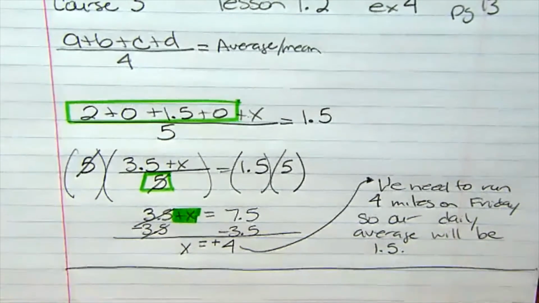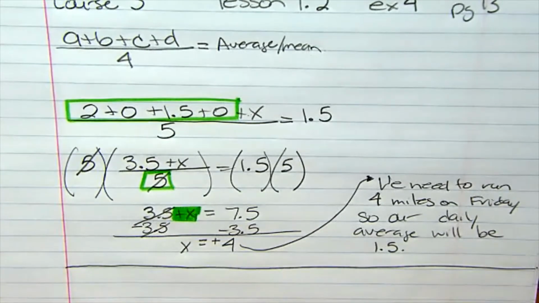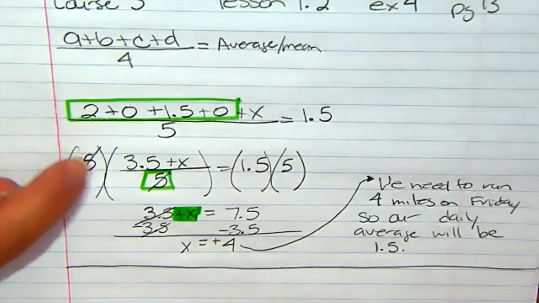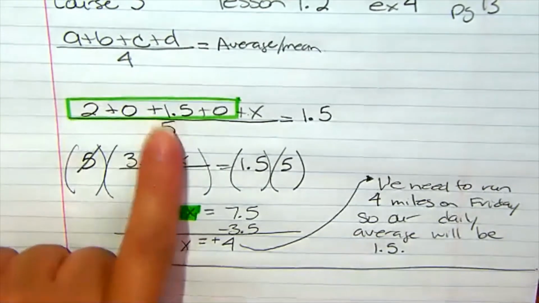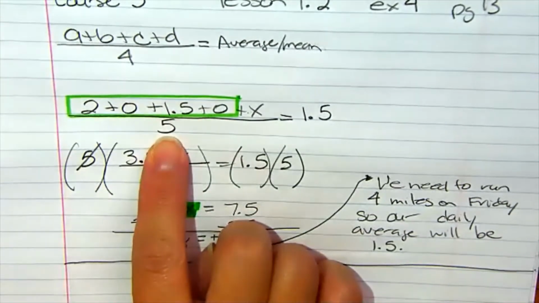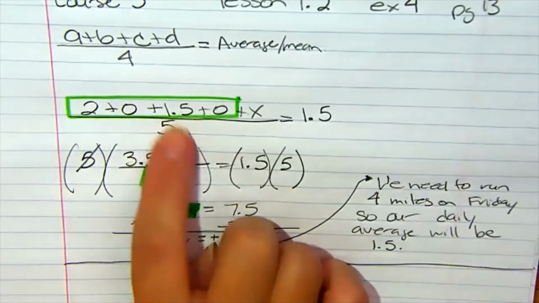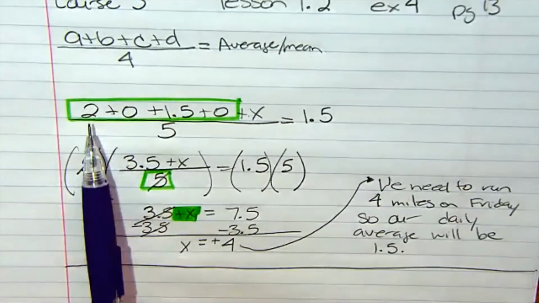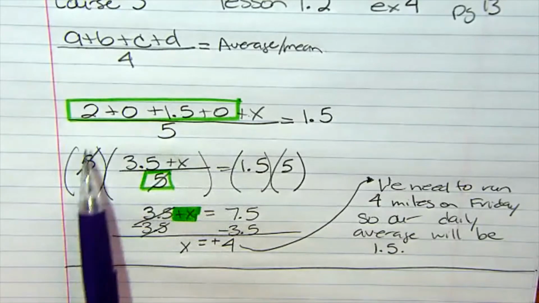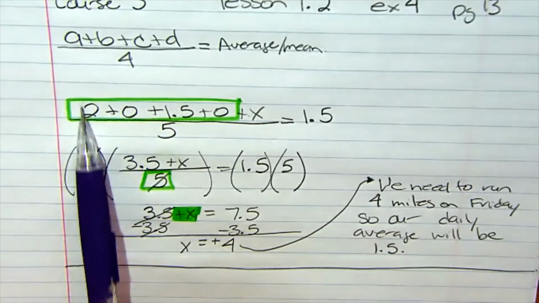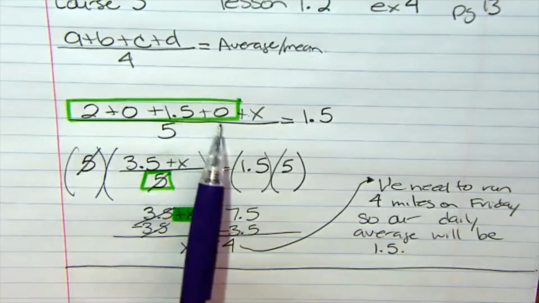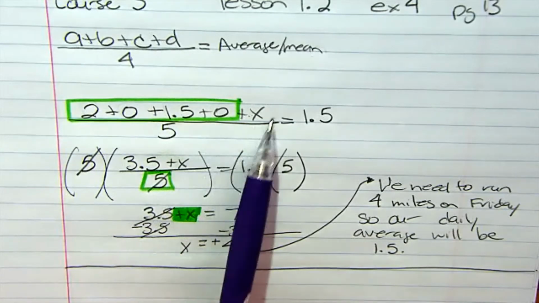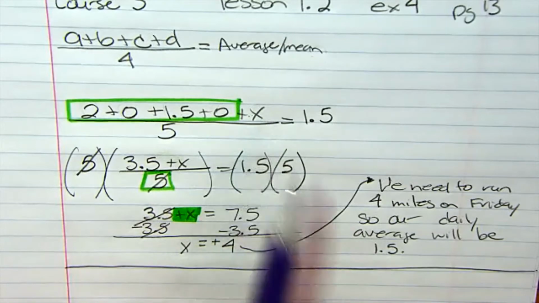Okay. Now I've got some good questions. Where did this 5 come from? This 5 came from the number of numbers I have up here. I have 1, 2, 3, 4, 5.